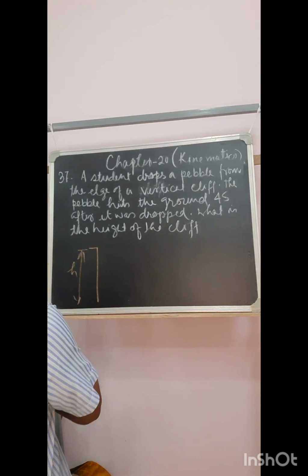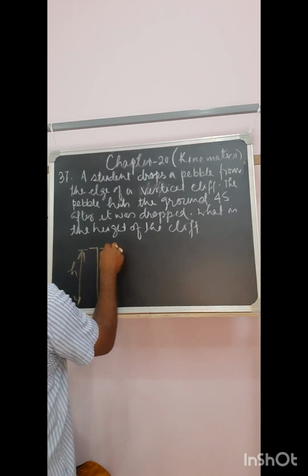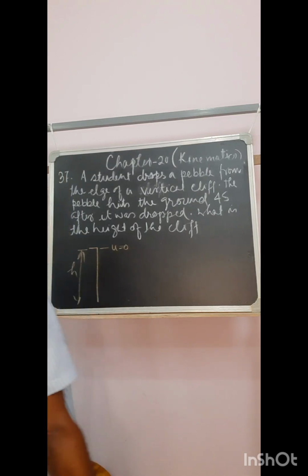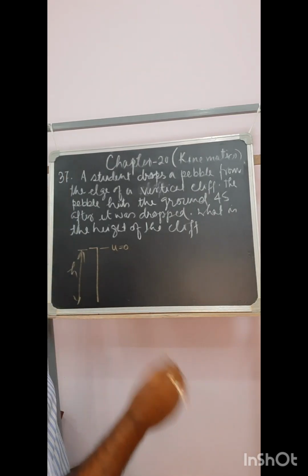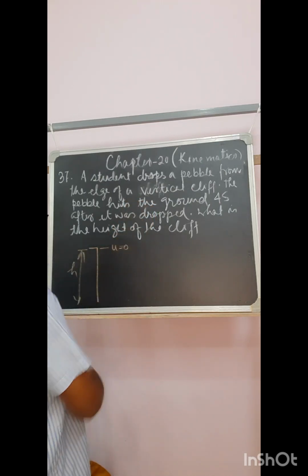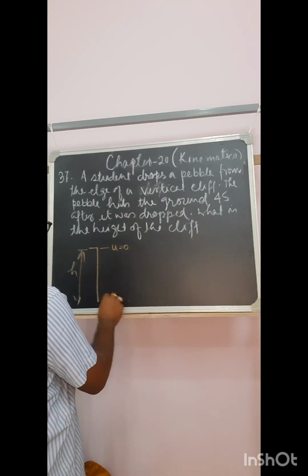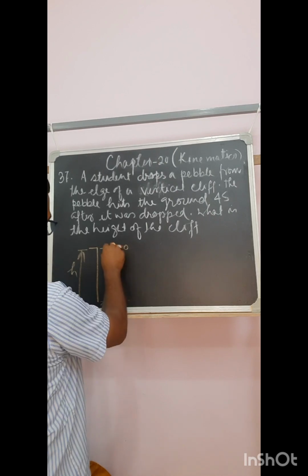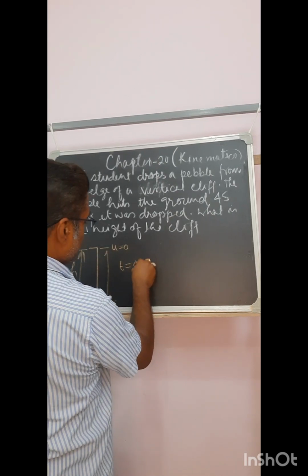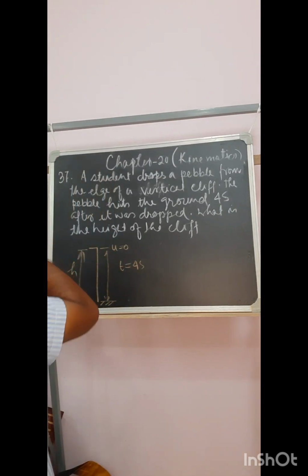Dropped means freely dropped, so the initial velocity has to be 0. The travel time is given, t is equal to 4 seconds.